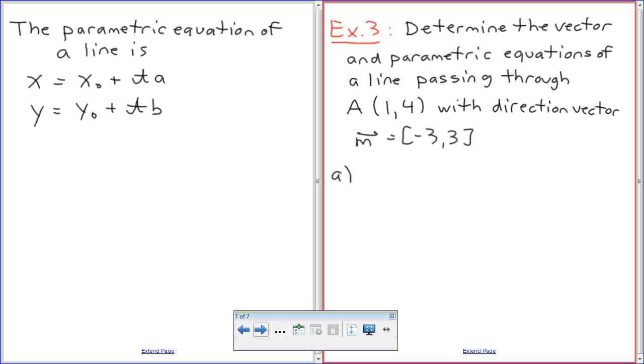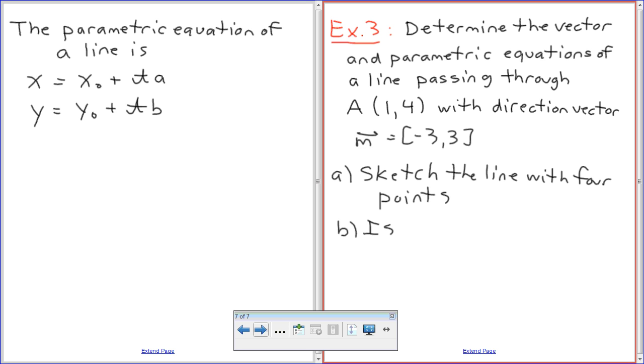A, sketch the line with 4 points. And B is, is Q (-21, 23), or R (-29, 34) on this line.